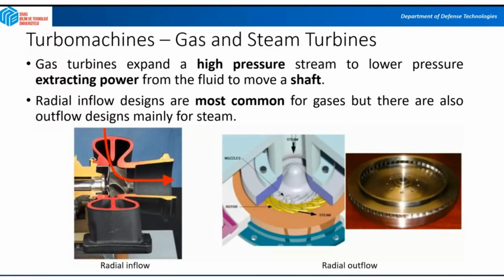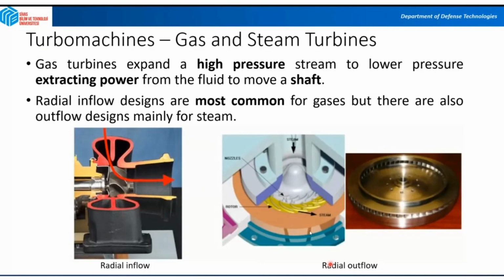On one hand, we have radial inflow turbines. It means that the flow comes radially inside the turbine and then leaves axially like this.